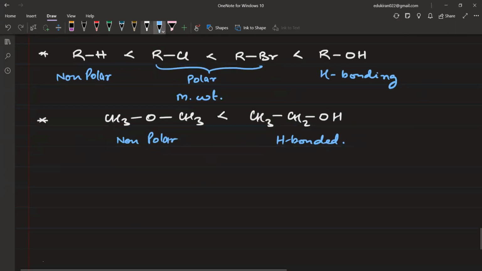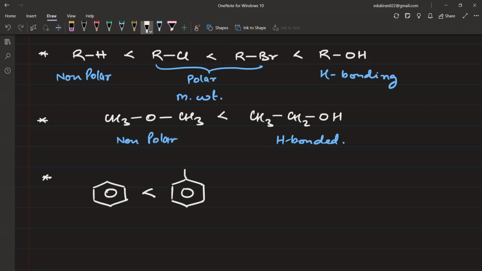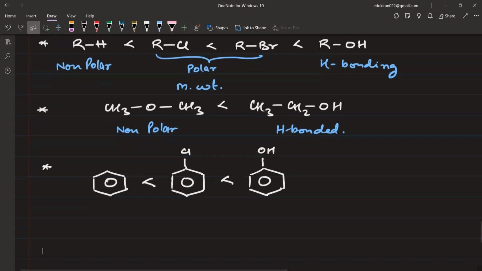We'll write one more. So we have simple benzene. It will have lower boiling point than haloalkane. And haloalkane will have lower boiling point than phenols. After this, you all will write a question.